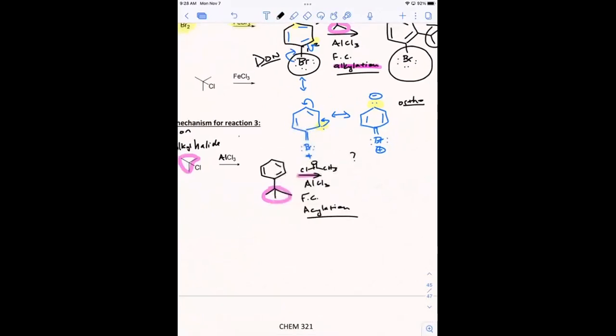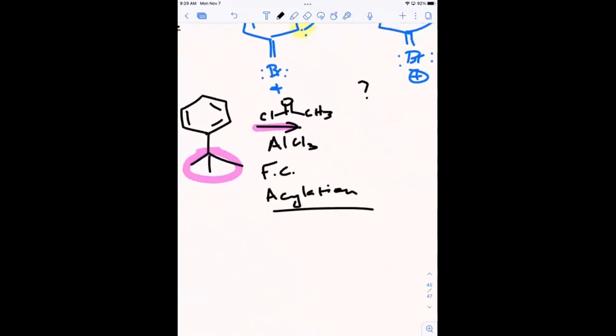The way this will work in a lab, you make that first product, isolate it, either run a column or purify some other way, probably distillation, and then you can use it as a start material for a new reaction. So that's what we're doing here. What will happen with that product as your start material if we did an acylation? Would it attach to the fourth carbon or the second? Or both?